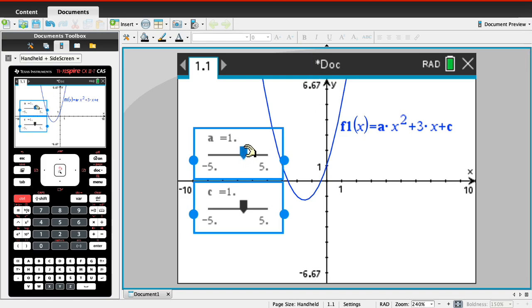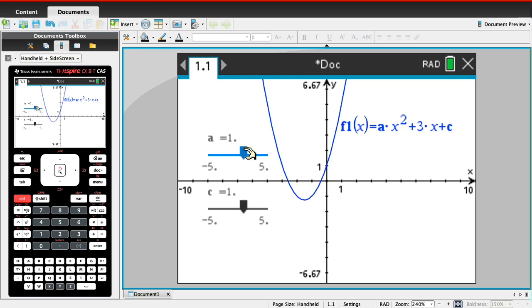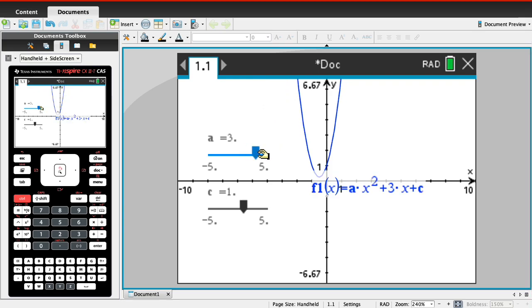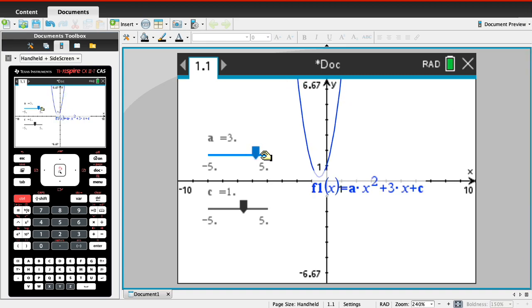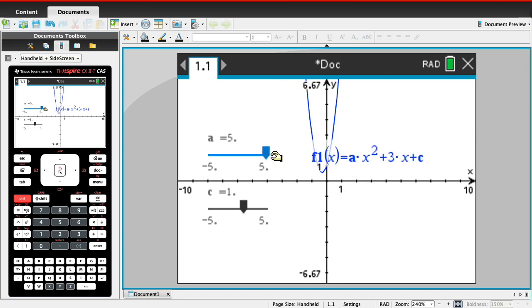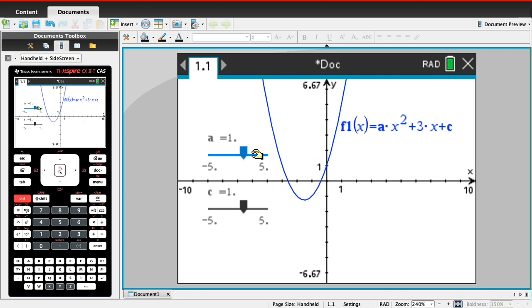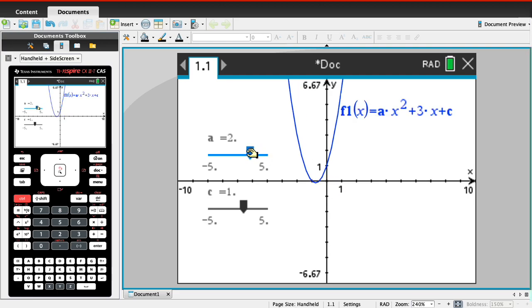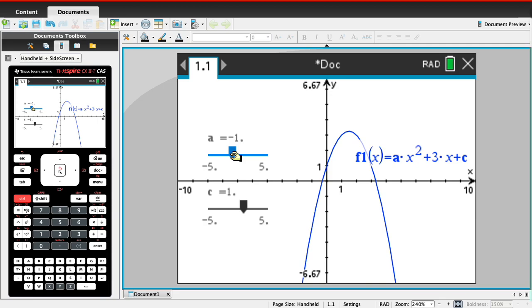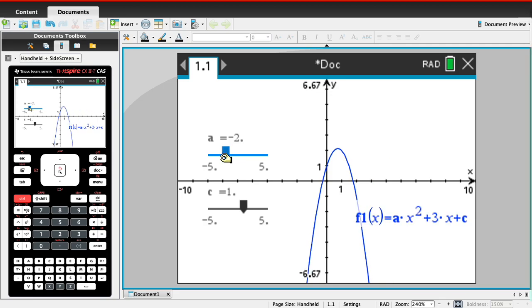Now, if I make that number bigger, notice how my graph shrinks up. It gets skinnier. It gets vertically stretched. Now, the interesting thing is, whenever I take this number and I change it to a negative, it's immediately going to flip upside down.